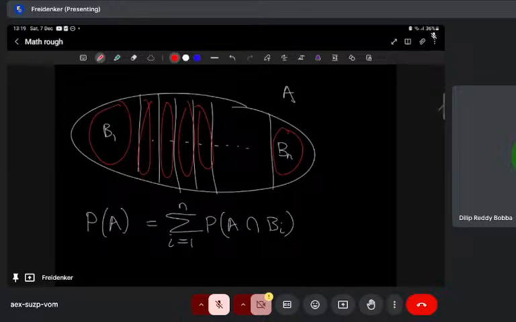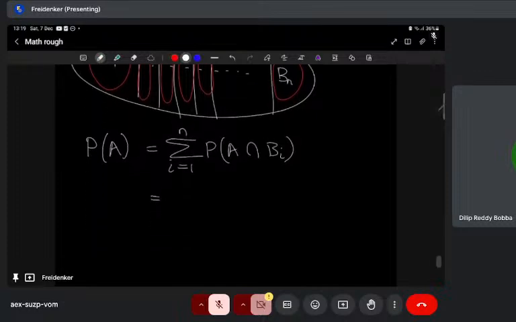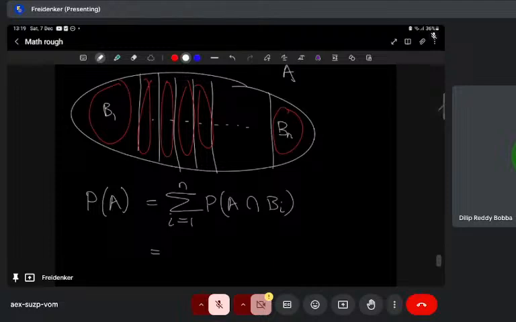This is fine. Now I think we are applying some properties. What is probability of A intersection Bi? What will that give us? Are there any properties of these events? All of them are mutually exclusive.